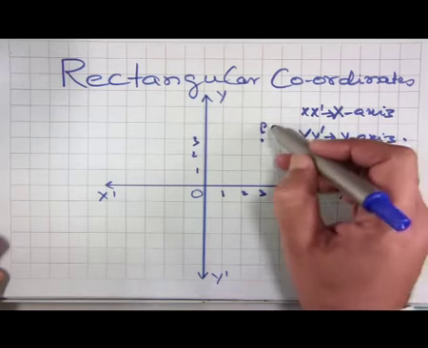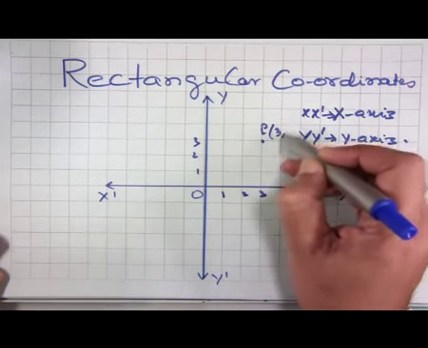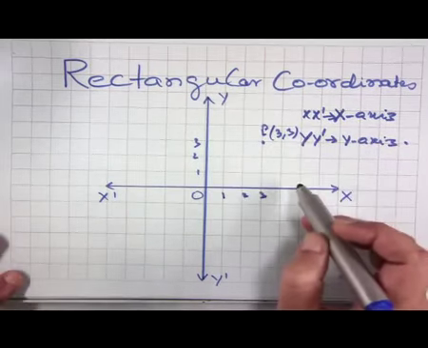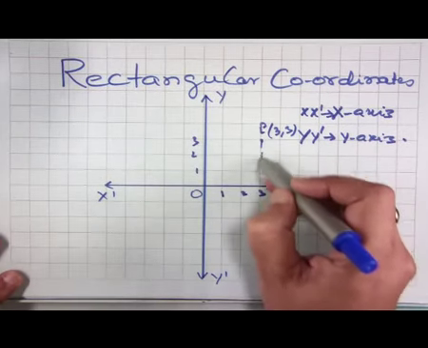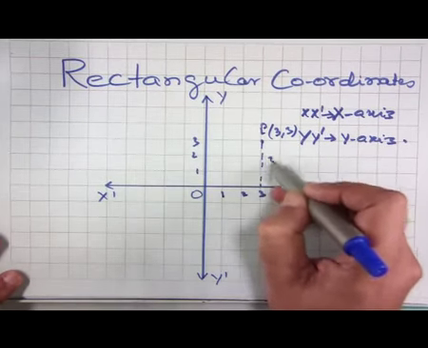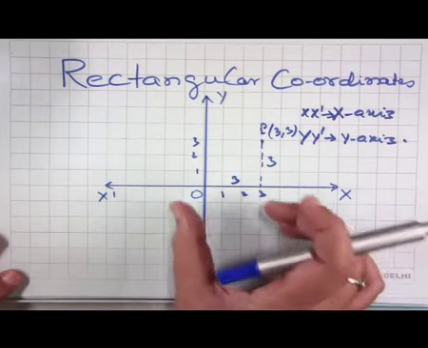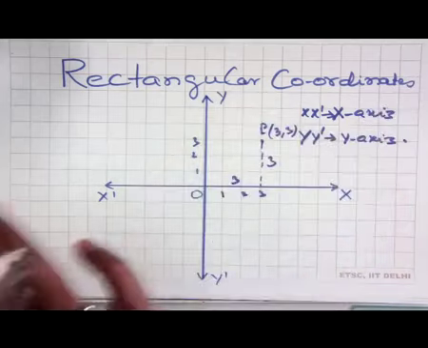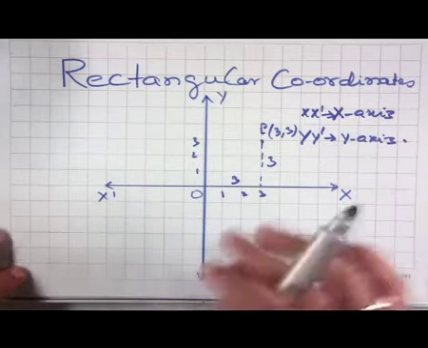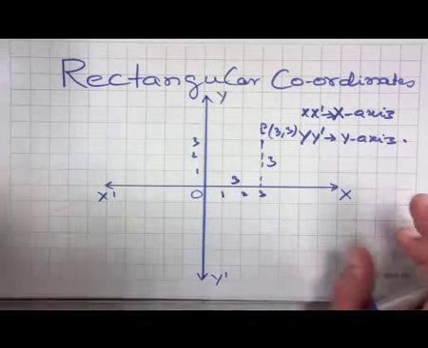So the coordinate of this point is (3, 3). This is 3 and this is 3. So the distance on the x-axis is 3 and the distance on the y-axis is also 3. In this way we can locate any point on this plane.